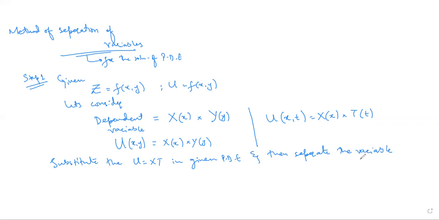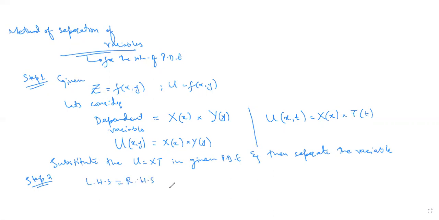This step is very important. If you don't separate the variables, then we cannot consider it equal to some other variable or arbitrary constant. After the separation of variables, step number 2: suppose you have an equation with a left hand side and a right hand side, in general, the left hand side equals the right hand side.